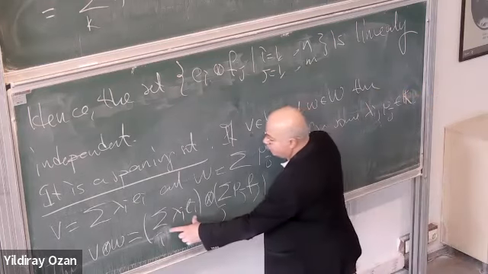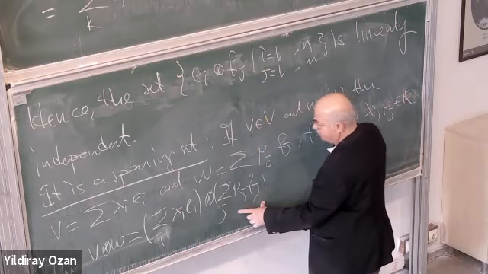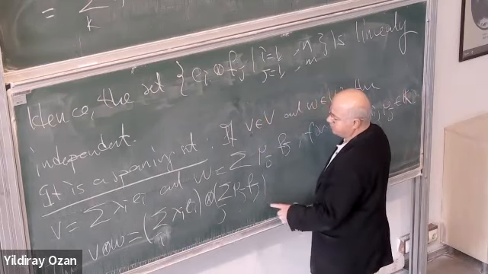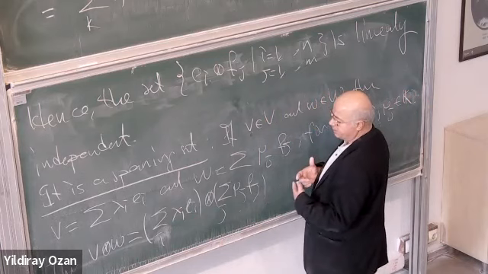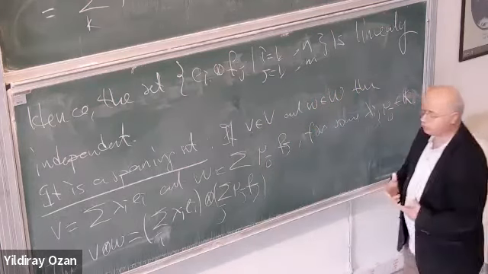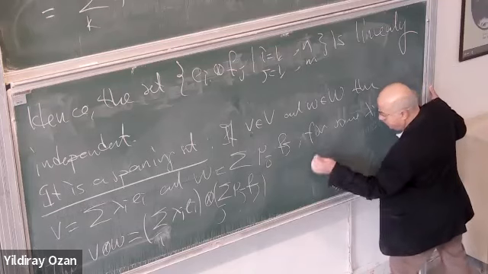This is a sum of several elements, and this is a sum of several elements. Tensor product will distribute over summations because of the following.